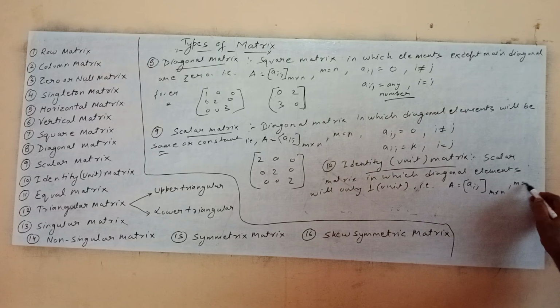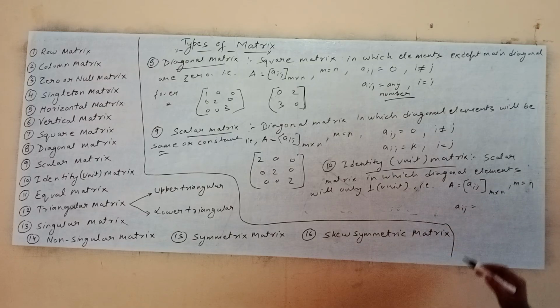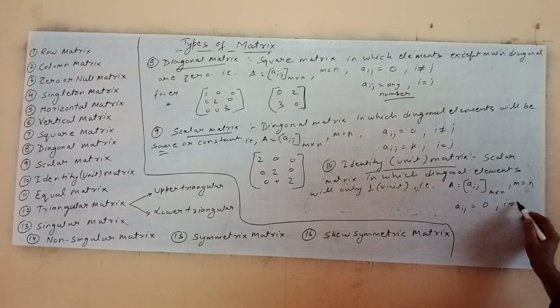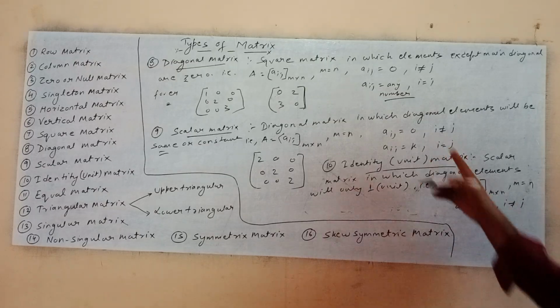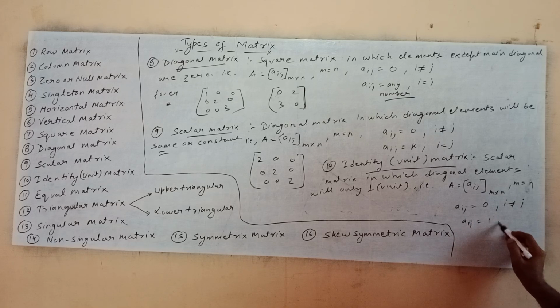The first condition is m is equal to n should be there. The second condition is Aij is equal to 0 when i is not equal to j. Second thing, Aij is equal to 1 when i is equal to j.